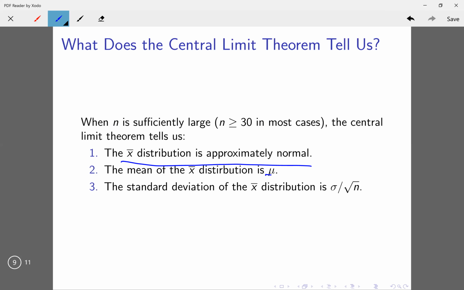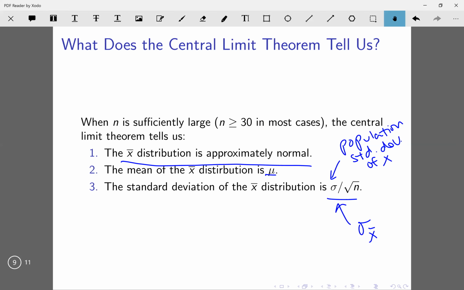And the mean is mu, and the standard deviation is sigma over the square root of n, where sigma is the population standard deviation. And this whole thing is the standard deviation of x bar. These are the same things that you encountered before when our underlying population was normal. They still hold true as long as our sample size is at least 30.